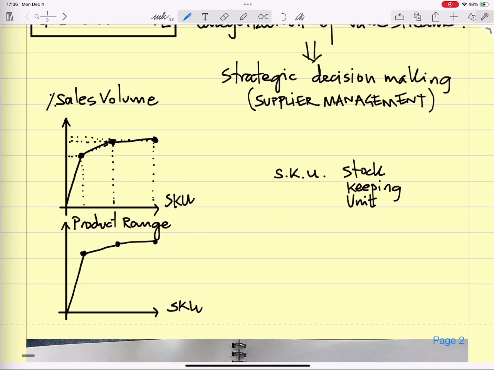And we will have here, if we say percentage of cumulative sales, we say percentage product range, and we say here category.